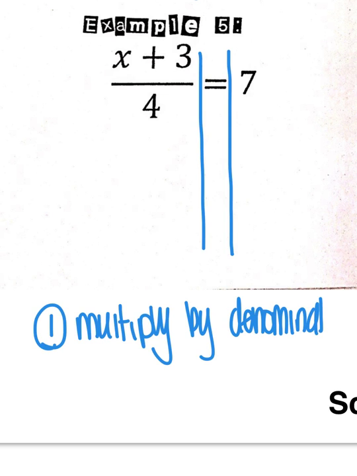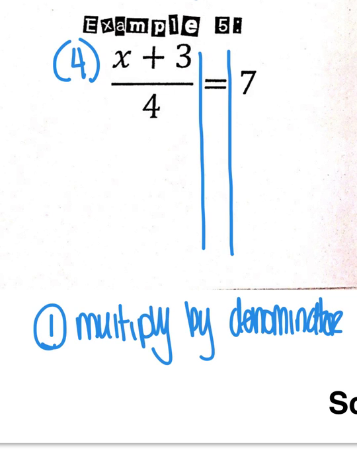Again, like in this example, we know that 4 is dividing whatever is up top, right? So that's x plus 3 divided by 4. So we need to multiply by 4 on both sides to get rid of that.